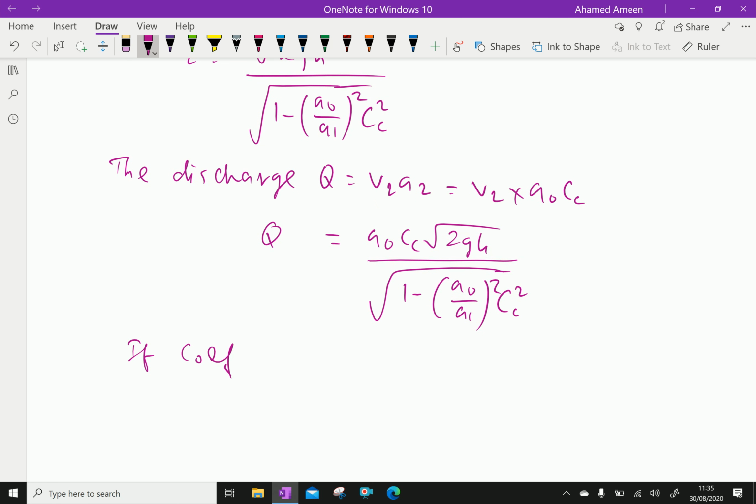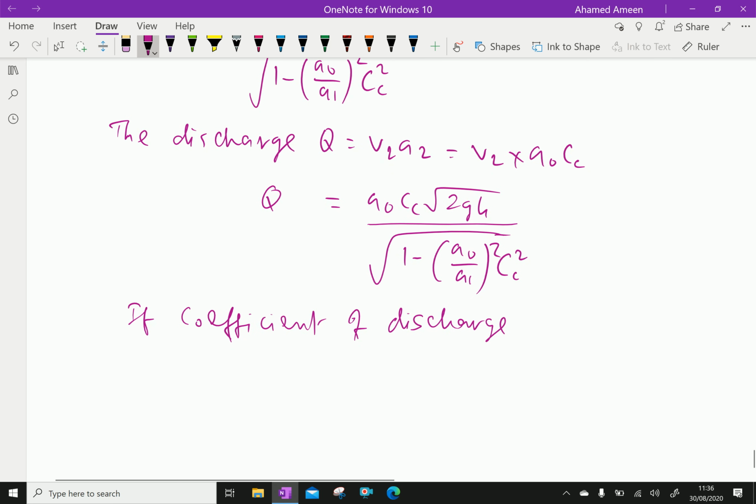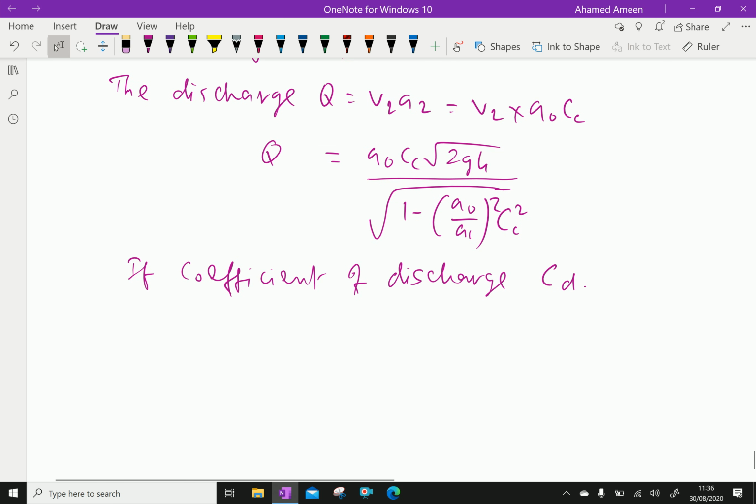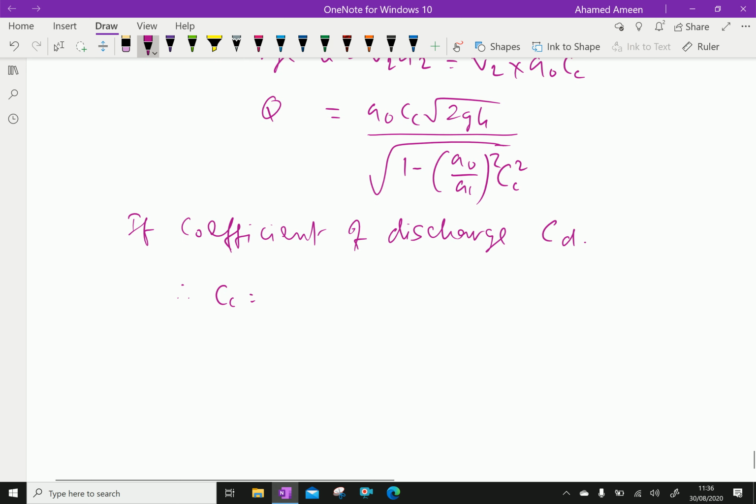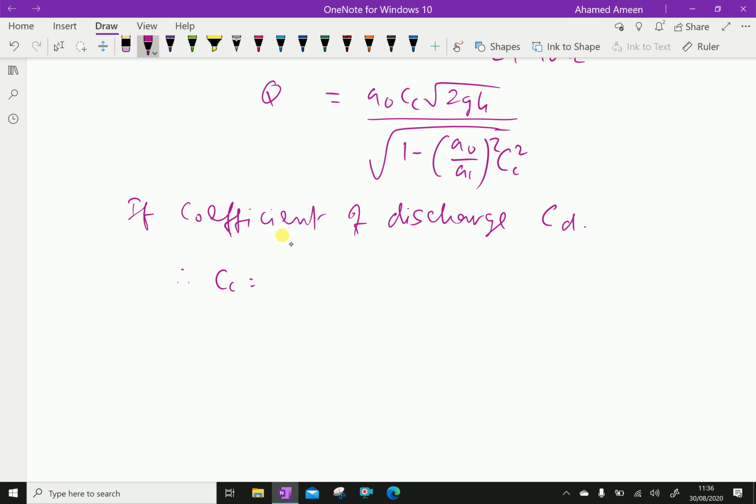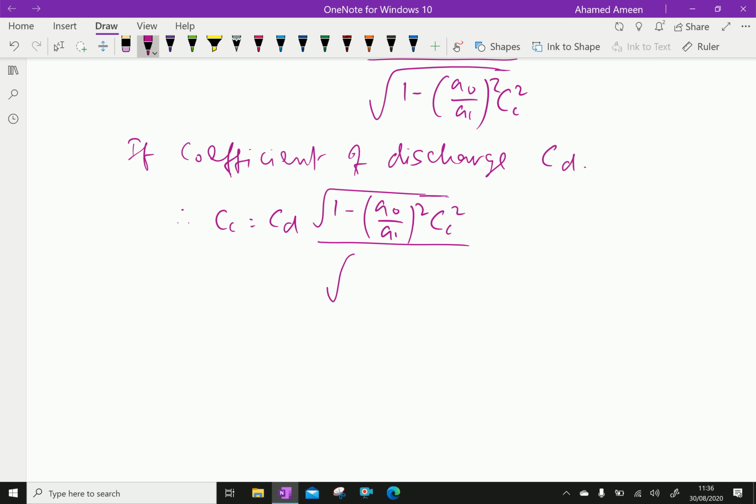If the coefficient of discharge is CD, therefore you can write the coefficient of contraction CC in terms of CD as CD into 1 minus A0 by A1 squared, CC squared, over 1 minus A0 by A1 squared.